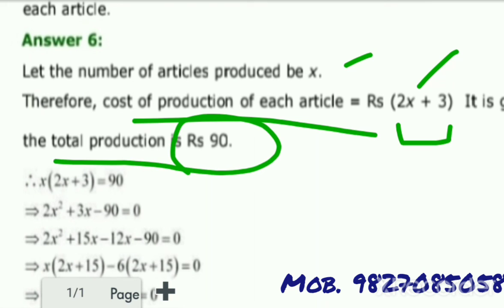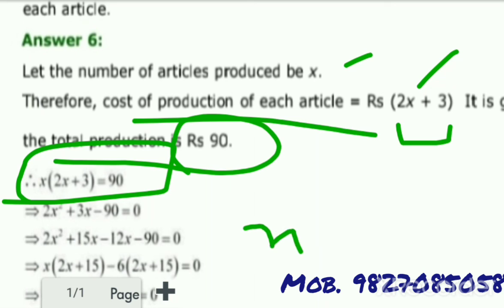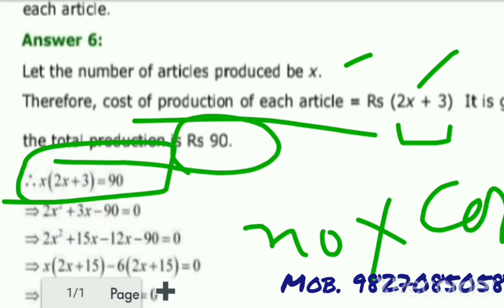So according to our question, we put the given information in our equation. So we get x into (2x plus 3), the number of articles times the cost, is equal to 90. Okay. So solve for x easily.